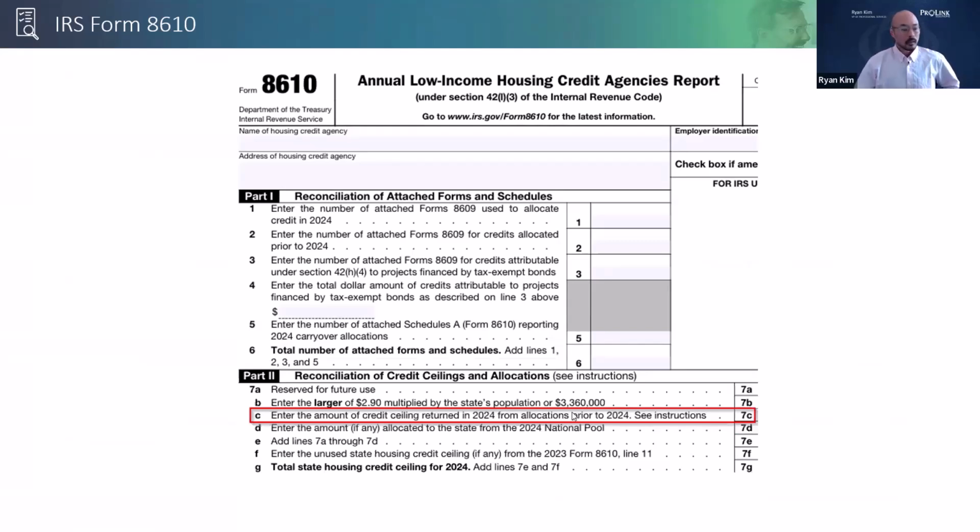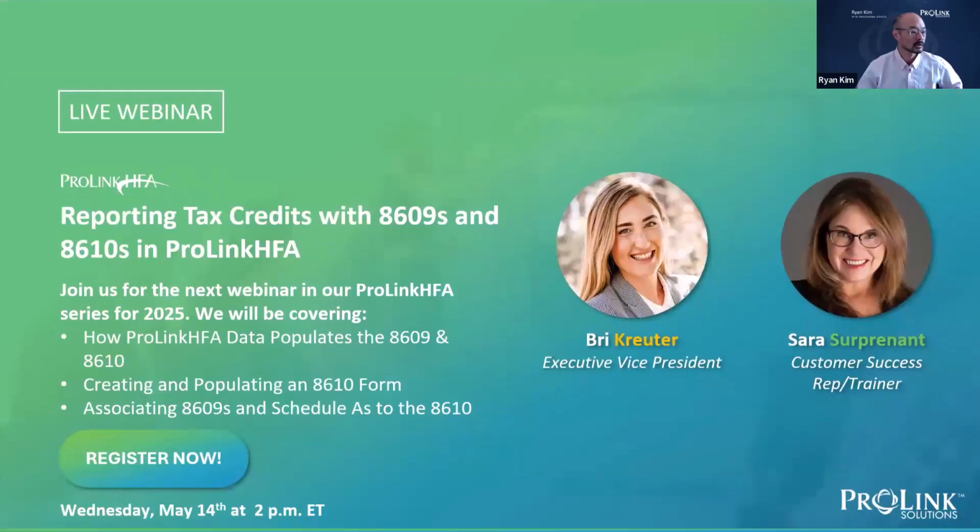So under part 2, line C, where it says enter the amount of credit ceiling returned in 2024 from allocation prior to 2023, this is where you'll see West End apartments' return credit amount of 250,000 being populated from ProLink HFA. This is just a sneak preview into our next webinar in May, which Bree will introduce. And this is my handoff to Bree.